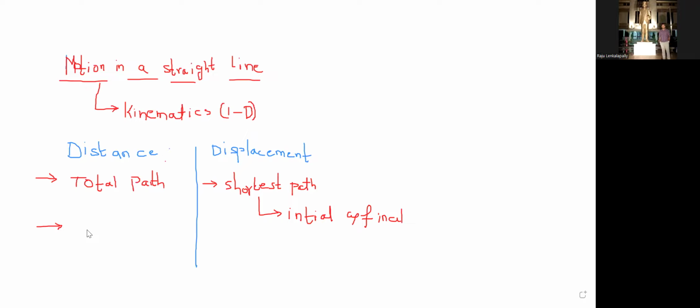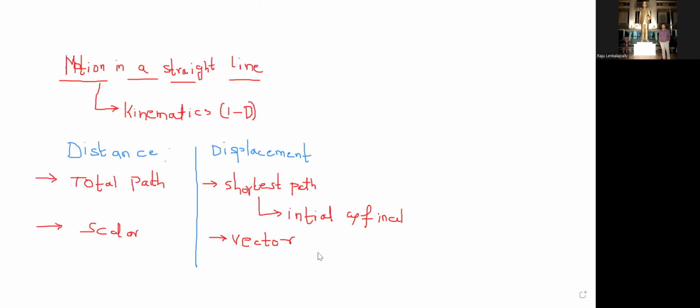We may go in any direction, but we reach the final place, so it is a scalar quantity. Displacement is a vector quantity, meaning a proper direction is there, from the initial to the final position.